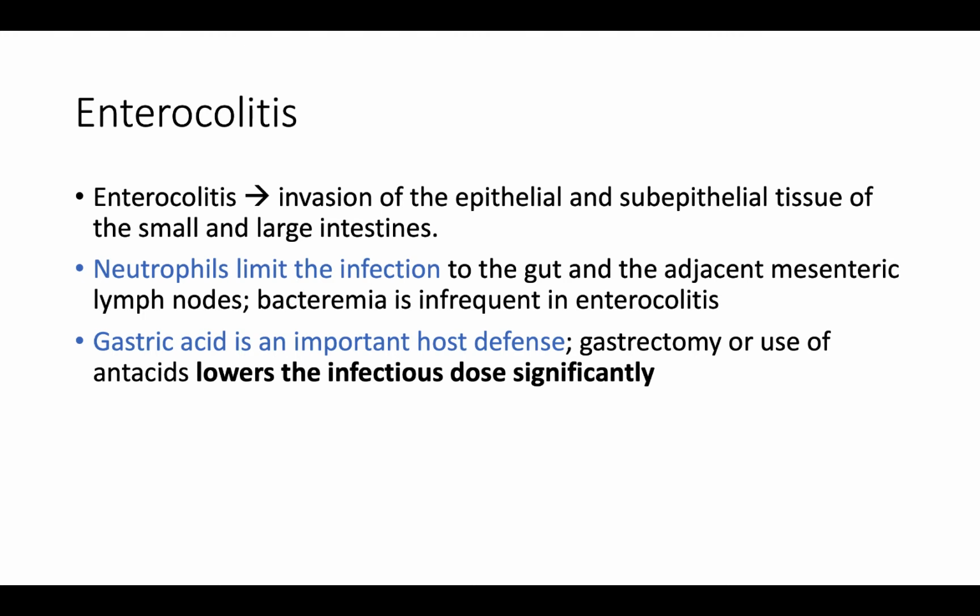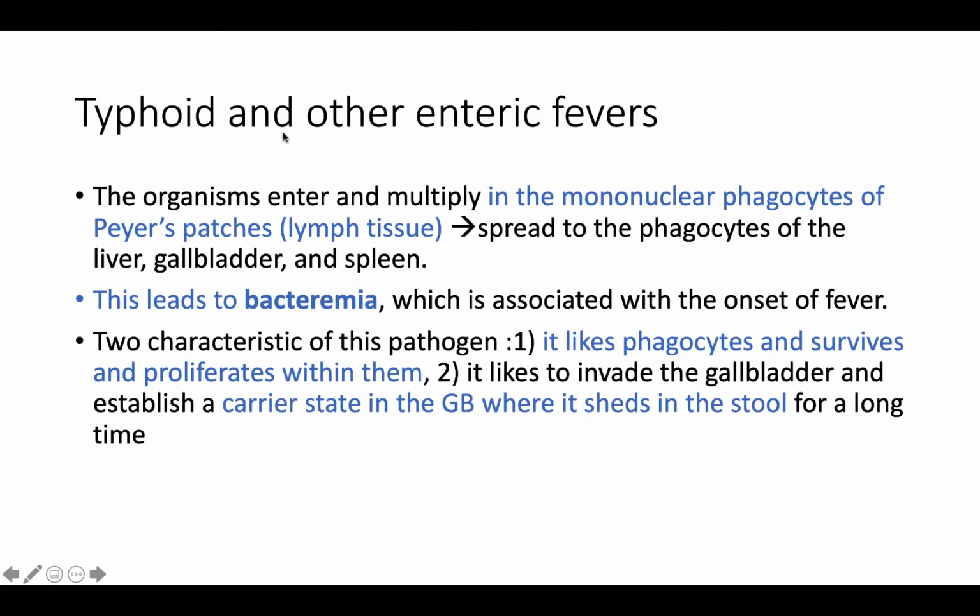So people who have lost their gastric tissue or have used a lot of antacids will find it easier for the bacteria to invade. So if you don't have neutrophils, or if you don't have gastric acid, you will be more susceptible to Salmonella enterocolitis.